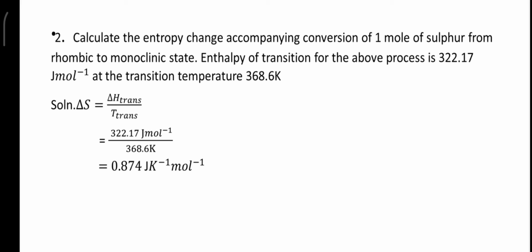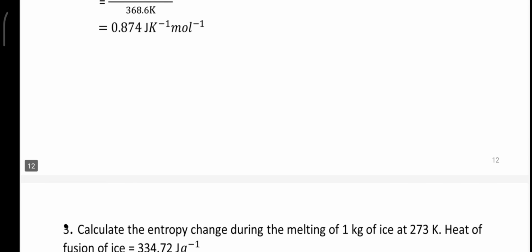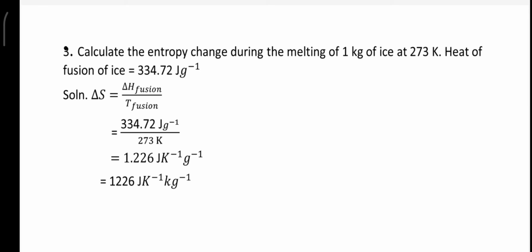The value of enthalpy change during this process is 322.17 joules per mole. When you substitute this value in the entropy change equation, you get the answer 0.874 joules per Kelvin per mole.